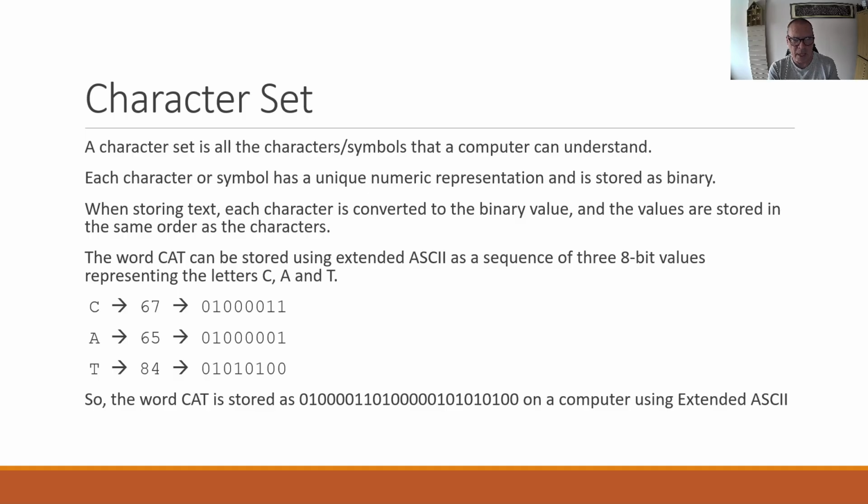They must all be 8 bits, and they follow one after the other immediately in a string of binary digits. So it does look rather long. It certainly looks a lot longer than cat, but it's very easy to store this amount of data on a computer, so it's not a problem, and it's a very effective way of storing character information on a computer.